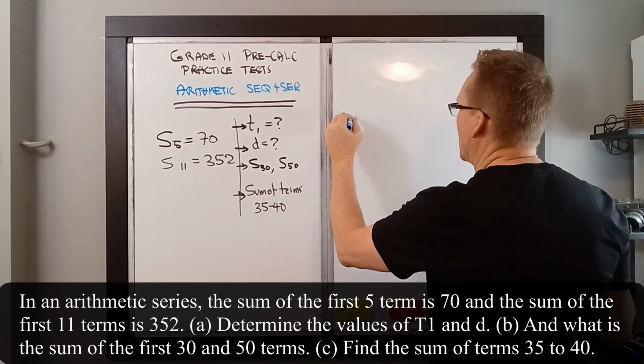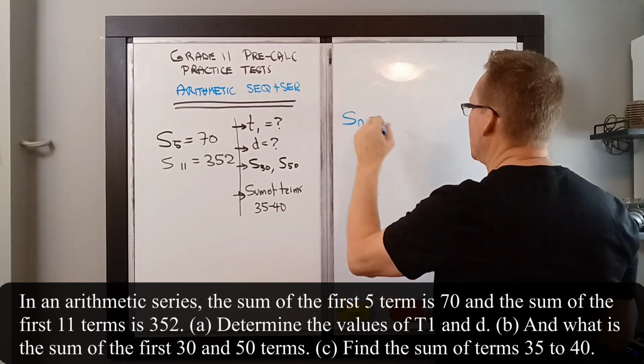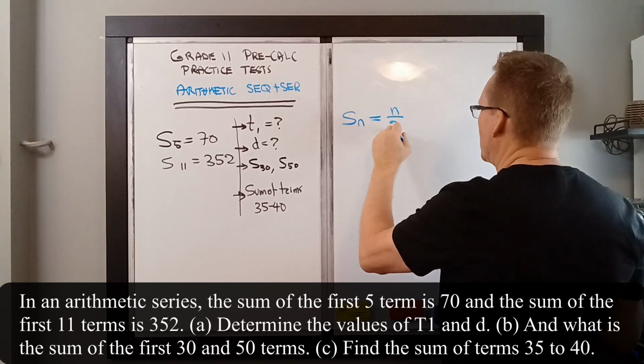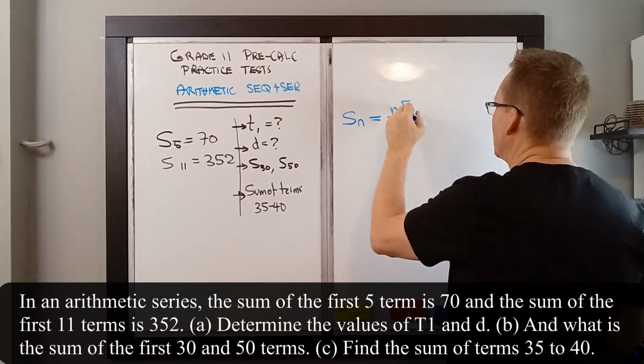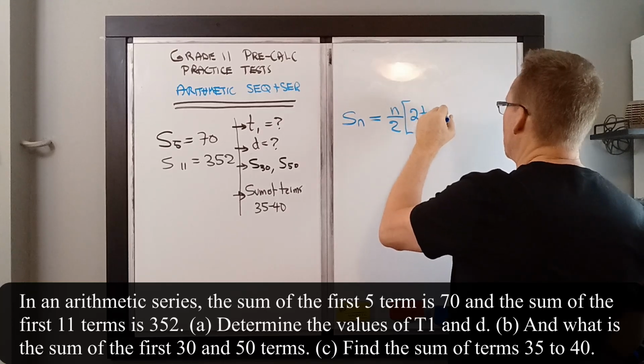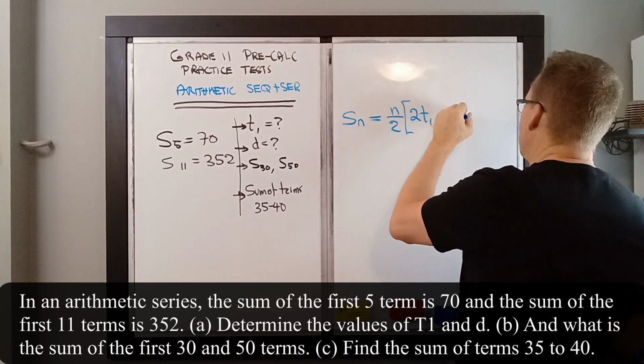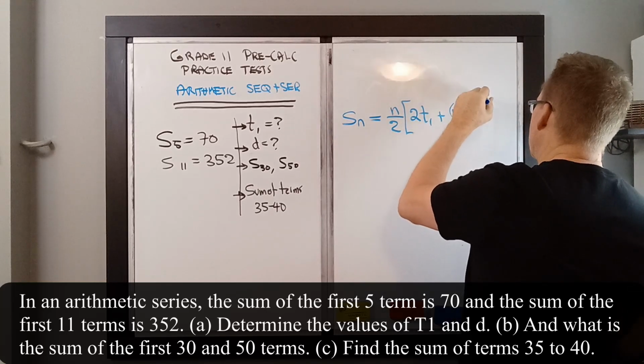Our sum of any number of terms is equal to the number of terms divided by 2 times twice the first term plus n minus 1 times the common difference.